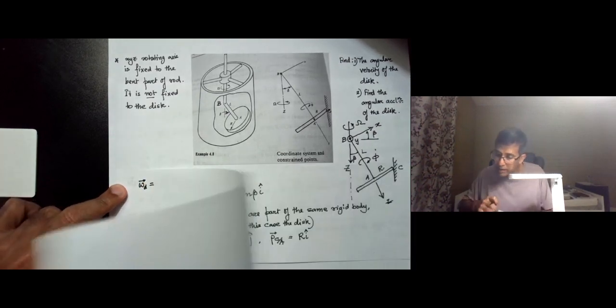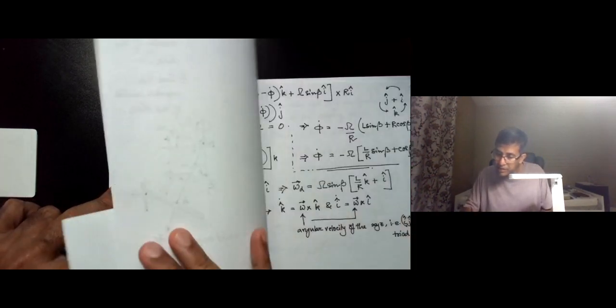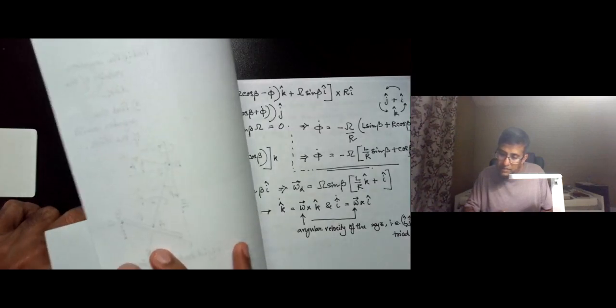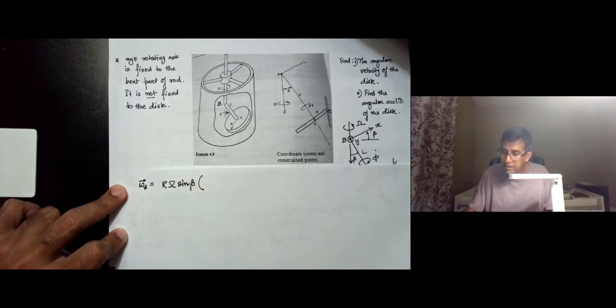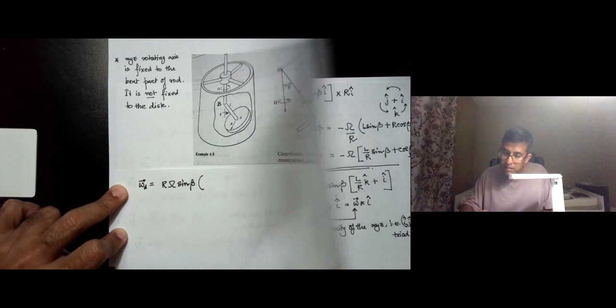I have represented the net angular velocity of the disc by omega d, and so omega d is given by, let me check the expression, it's capital Omega sine beta times r. So r capital Omega sine beta times Lk plus capital Ri.